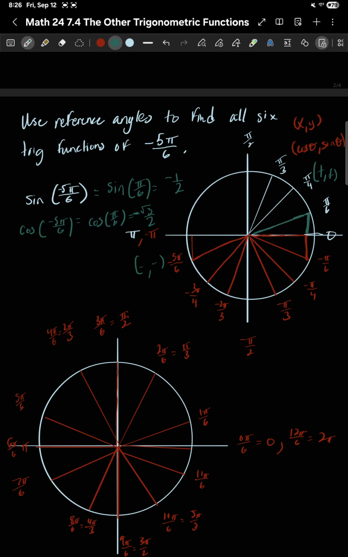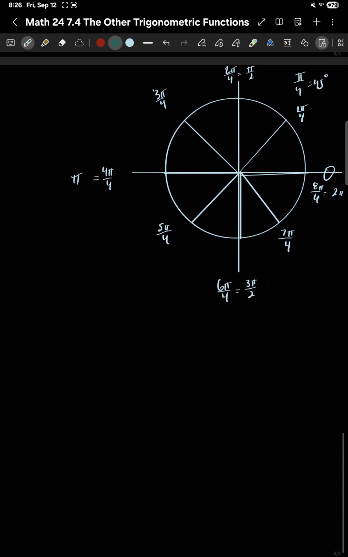And to find the rest of our trig functions, we're just going to use sine and cosine and do exactly what we did in the last problem. So I'm going to go to a new page. So we have sine of negative 5 pi over 6. That's going to be equal to just negative 1 times the value of sine of pi over 6, or in this case, negative 1/2.